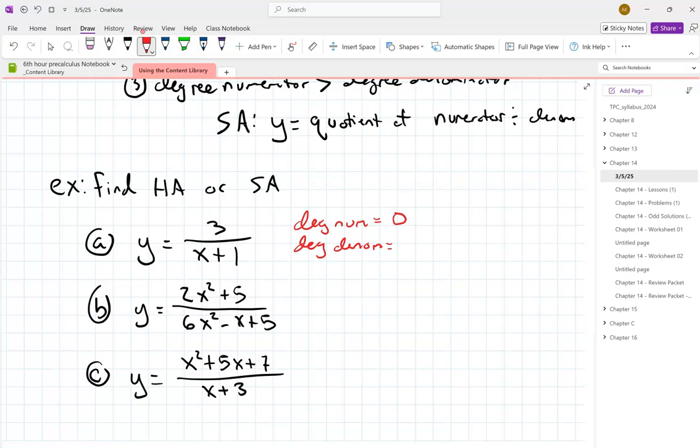It's 1 because it has an x to the first there. Okay, since 0 is less than 1, we're in case 1. So we just have a horizontal asymptote at y equals 0. Does everybody feel good there?